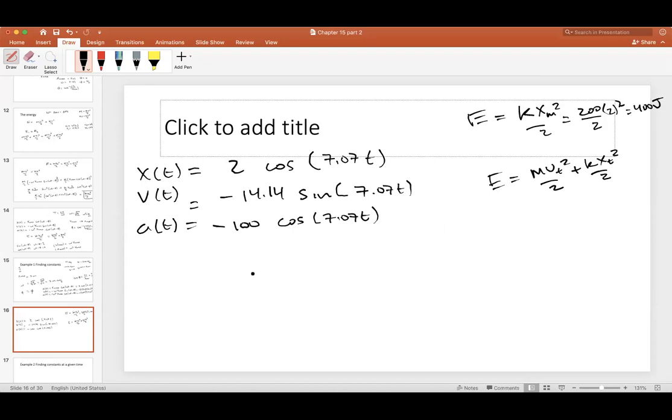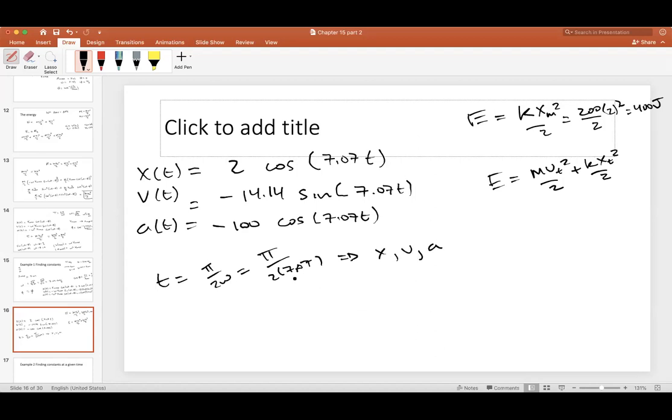What I do care about is this. I want to know at a time that is equal to pi over 2 omega, so this is pi over 2 times 7.07, for instance. I want to know what x, v, and a are.